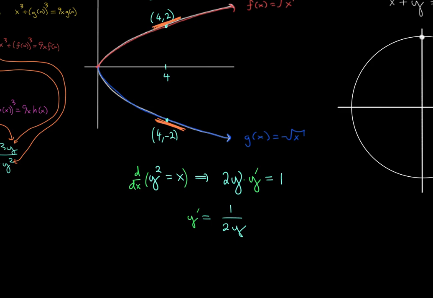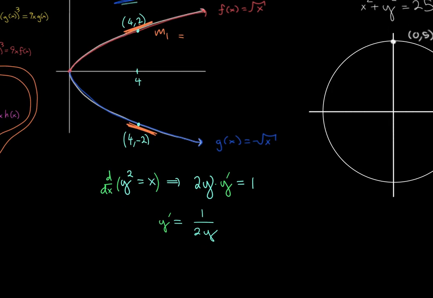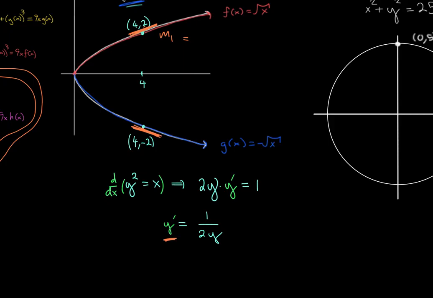Say I wanted this one, m1, then I would simply plug in this y value, this 2, into my y prime equation. So this is a machine that tells me the slope at any y value. So this would be 1 over 2 times 2, where this 2 is this 2. And of course, that would be 1/4.